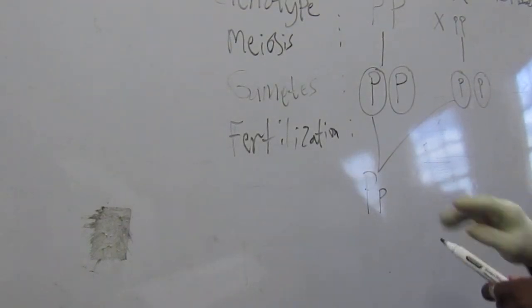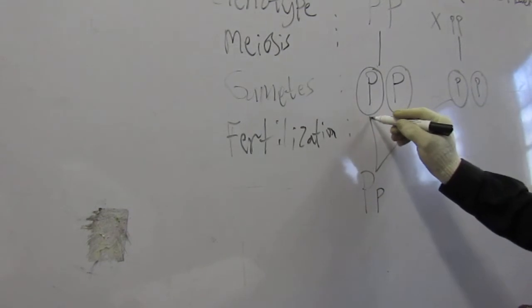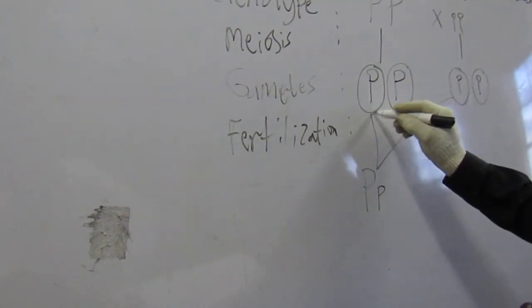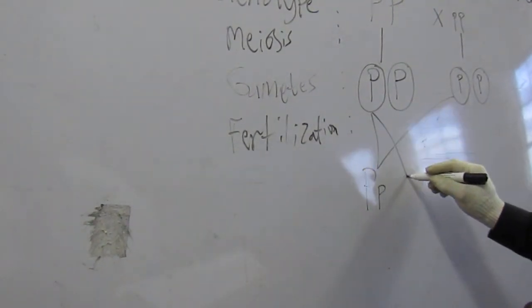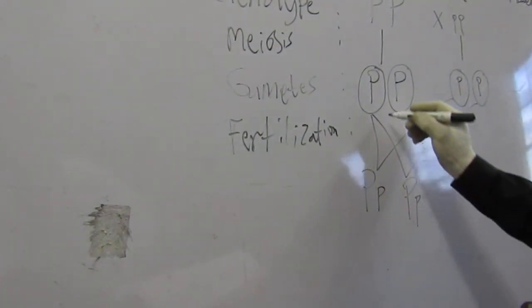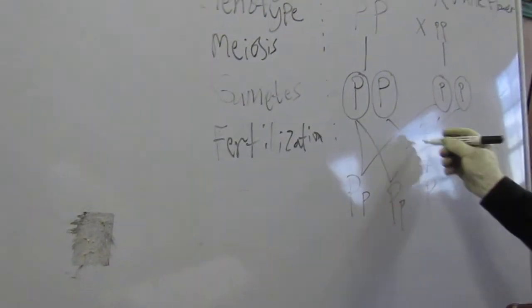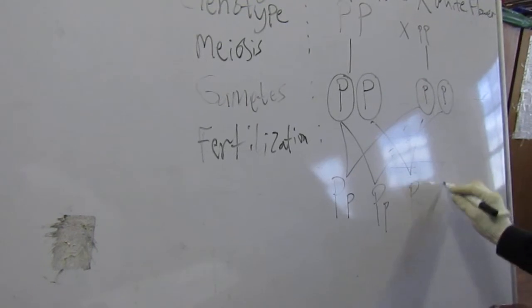So all the offsprings will be the same. For example, this P will be crossed with the second small letter P. Still, the offspring is the same. All of them will be the same. Capital letter P, small letter P.